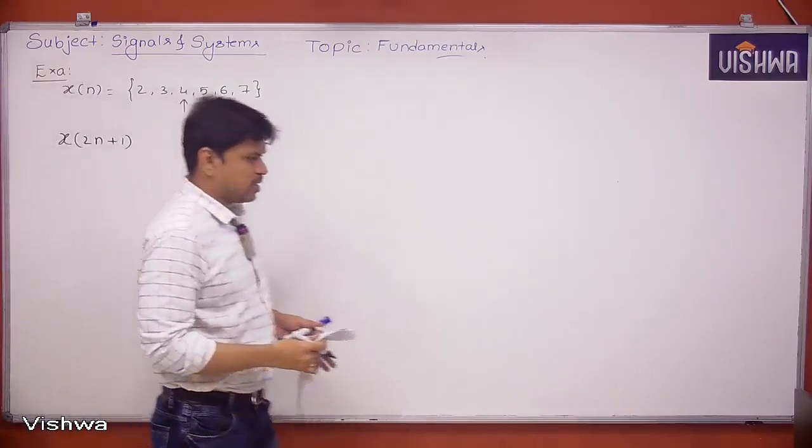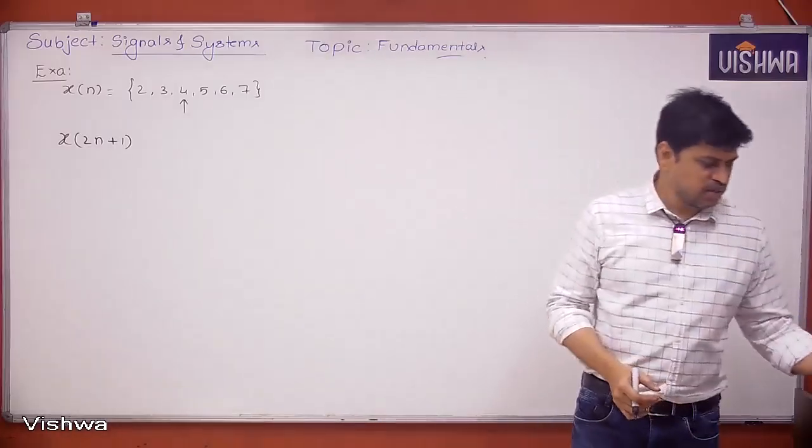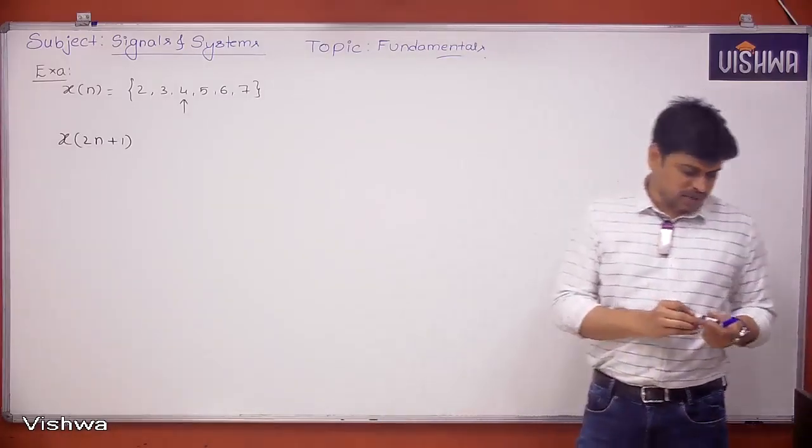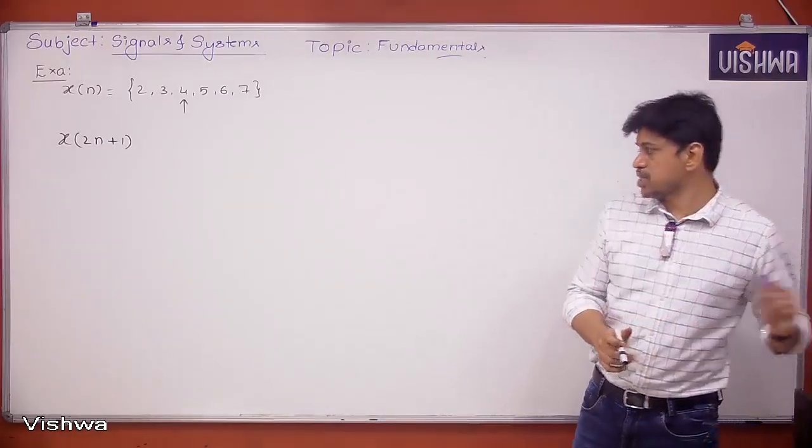I want to calculate this. Given x of n, from that we have to calculate x of 2n plus 1.